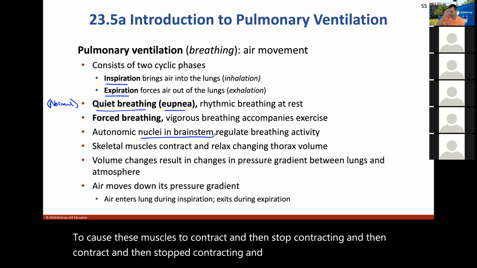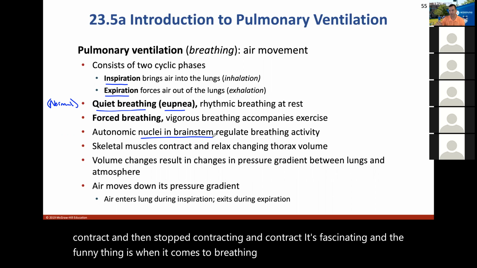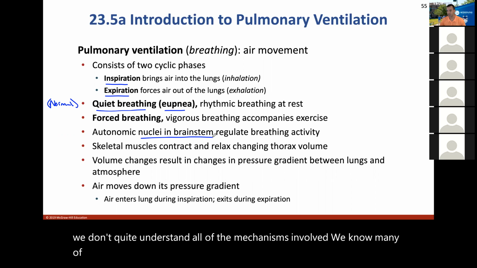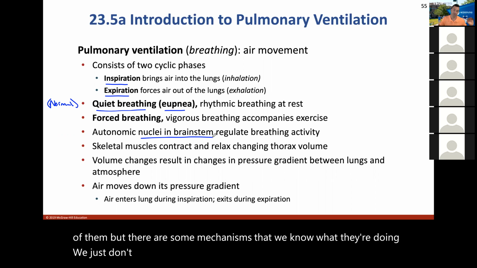It's fascinating. And the funny thing is, when it comes to breathing, we know the parts and pieces. We don't quite understand all of the mechanisms involved. We know many of them, but there are some mechanisms that we know what they're doing. We just don't know exactly how. So it's fascinating. And I believe the book even comes out and tells you that too.